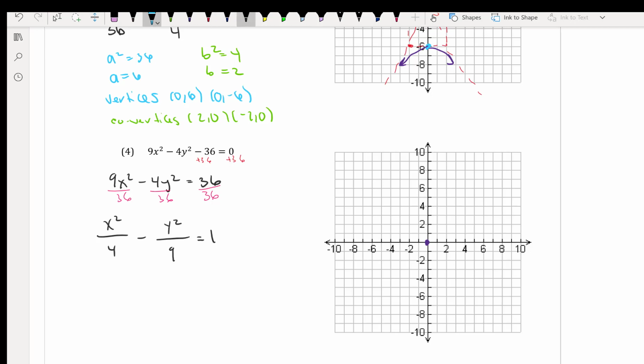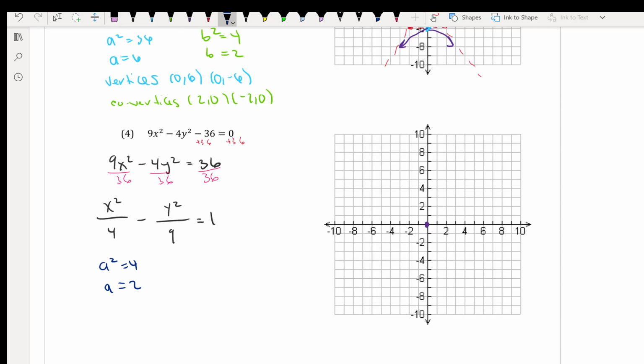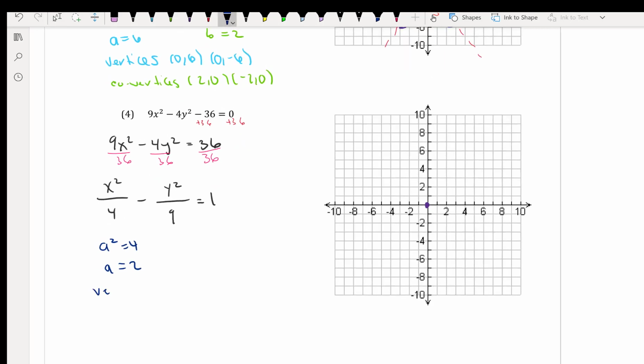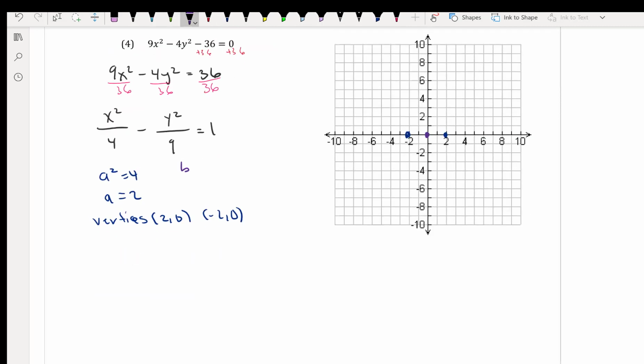and I'm also going to have now my vertices. My a squared is equal to 4, so a is equal to 2. So I'm going to have my vertices at 2, 0, and negative 2, 0. My b squared is equal to 9, so b is equal to 3. So then my co-vertices are going to be at 0, 3, and 0, negative 3.